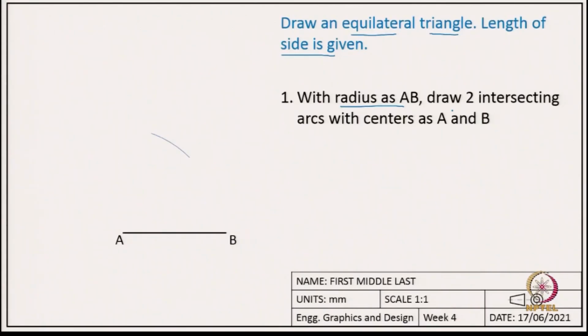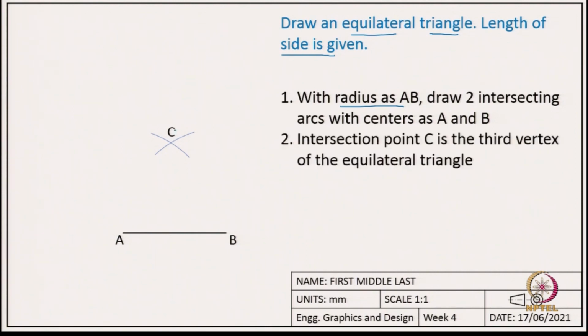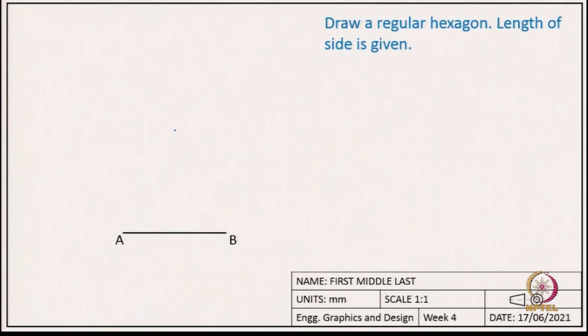Again, I draw another arc with center at B. In both cases the radius is this length AB. So, that point of intersection is C, which will define the triangle. So, we just need to connect the 3 points to get the equilateral triangle. Okay. So, now let us move to the next one, which is a regular hexagon.